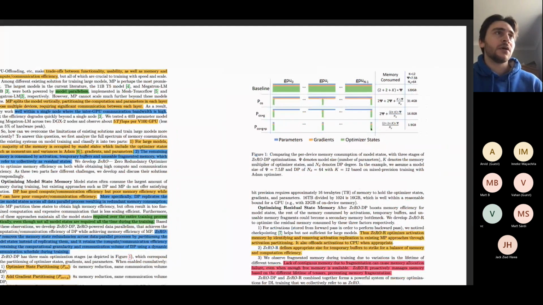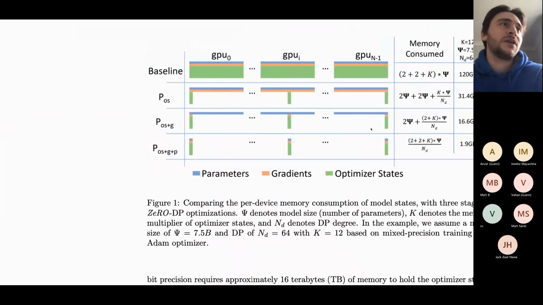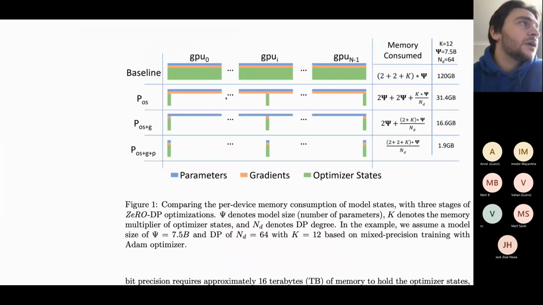Okay, so going back, that's why you see this diagram here. What it's showing you is memory consumption by these GPUs in this node or this set of nodes. The green is the memory of the optimizer, the orange is the gradients of the parameters, and the blue is the parameters themselves.